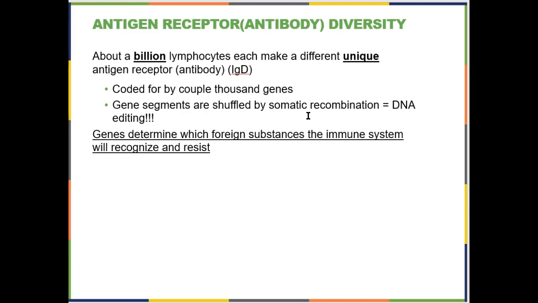So it's just mind-blowing that you have this population of cells that messes with their DNA, right? This is why cloning is possible, why you can take a nucleus from an adult, pull it out, pop that nucleus into an unfertilized egg, and then trick it into thinking it's been fertilized.